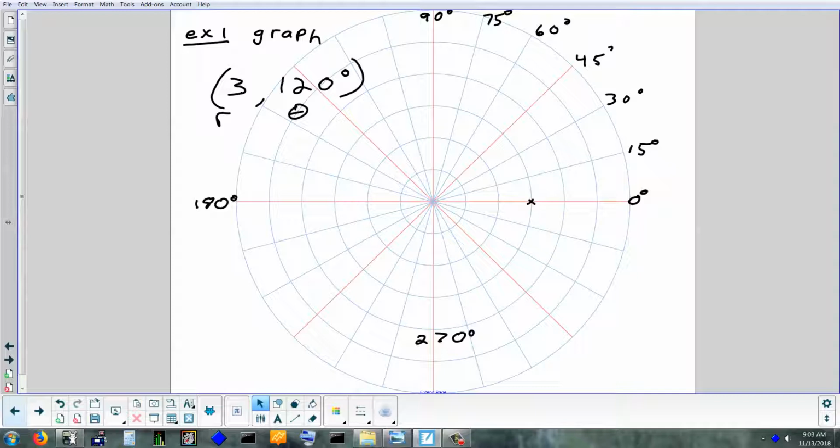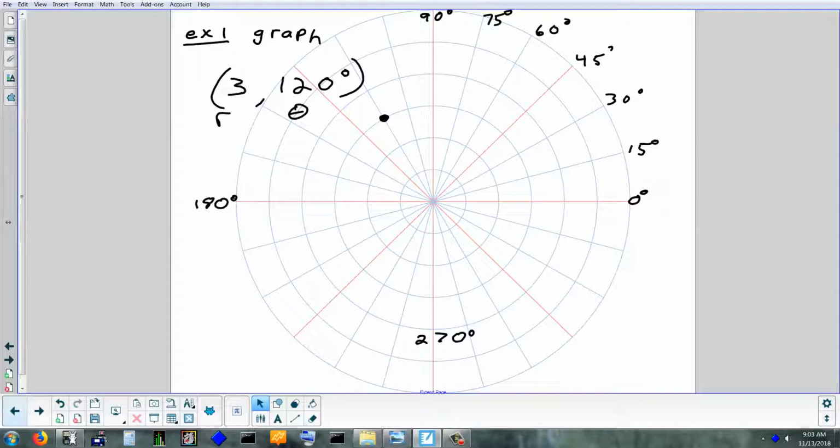I've got to go 30, and each section is 15. So I've got to go 2 more past 90. So follow that line, go up to 90. That's 15 more, that's 105. Another 15 gets me to 120. And that's it, that's your answer. So right 3, 120 counterclockwise.